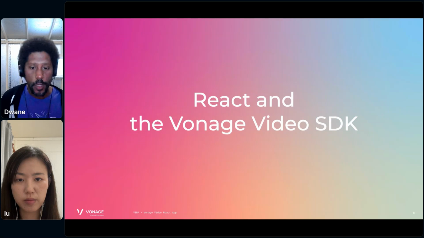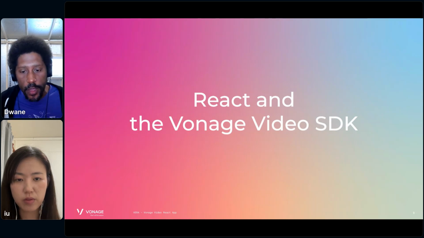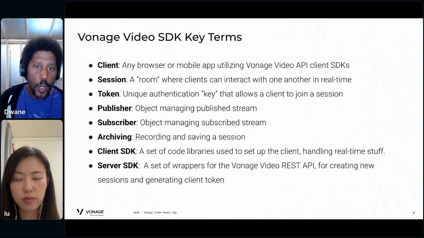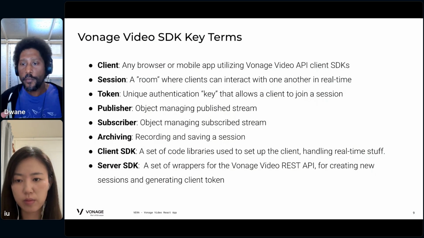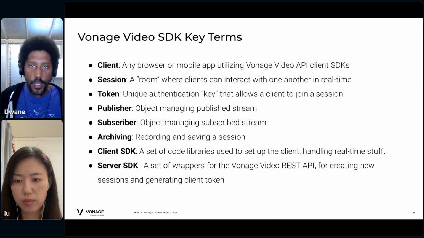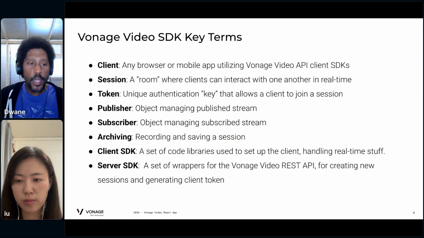All right. Now, let's talk about React and the Vonage Video SDK and how we put them all together. A couple of key terms that we may hear throughout this workshop. Client: that's any browser or mobile app that is using the Vonage Video API Client SDKs. So basically the thing you're using to make the video call.